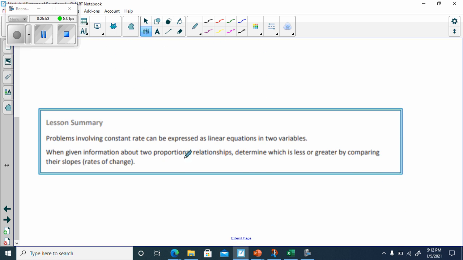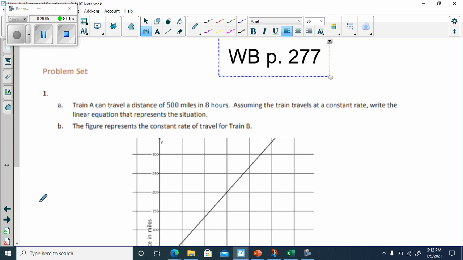When given information about two proportional relationships, determine which one is less or greater by comparing their slopes, their rates of change. This problem set I'm going to do separately as your homework. What we have learned is that if we're trying to compare proportional relationships, we need to find the slopes and compare the slopes.